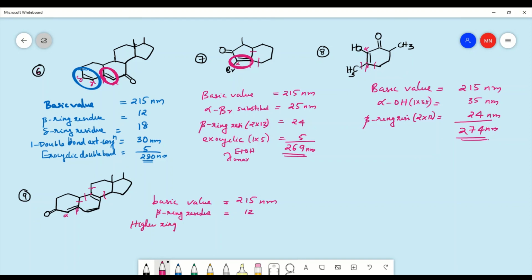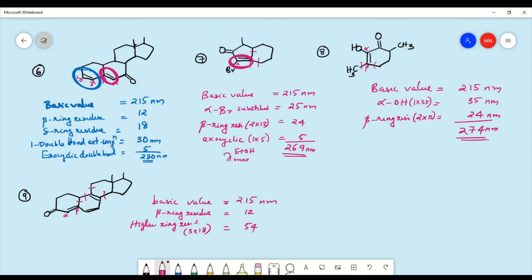Higher ring residues, there are 3. For gamma and above, it is 18. So 3 into 18, so it will be 54 nanometer.